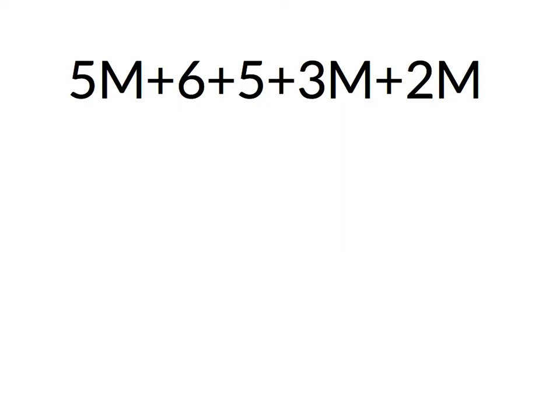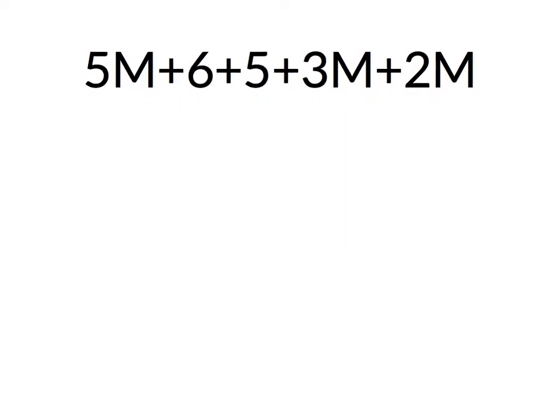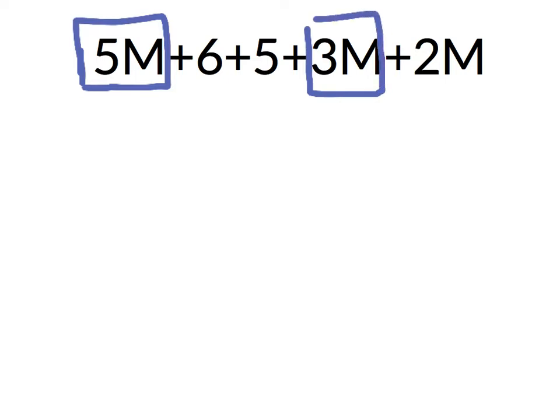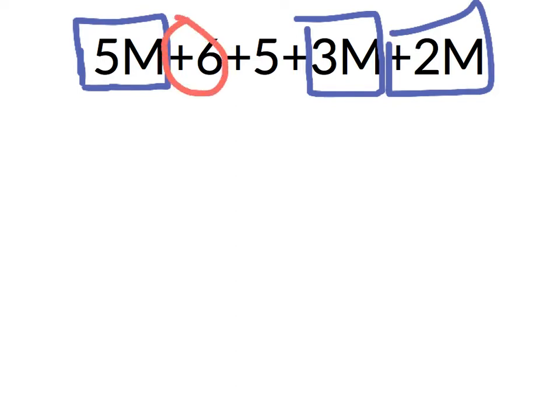Okay, go ahead and do this one on your own now. You have about 30 seconds. Okay, so I put squares around the m's because they can all be combined.